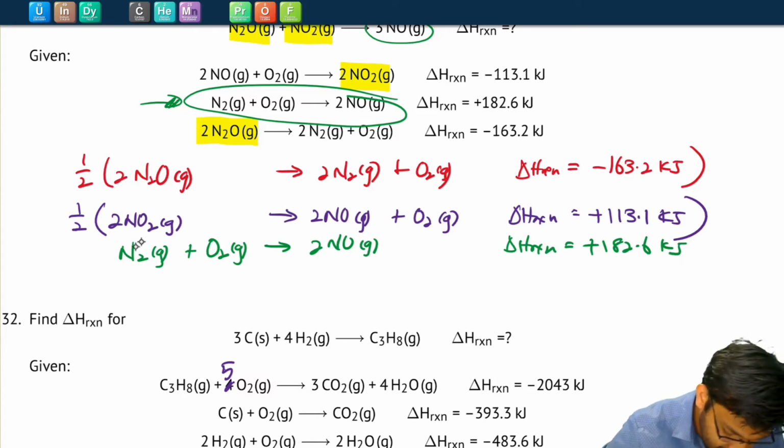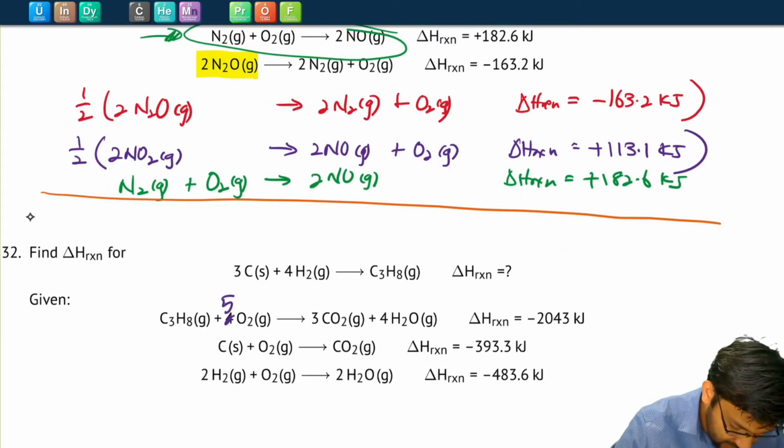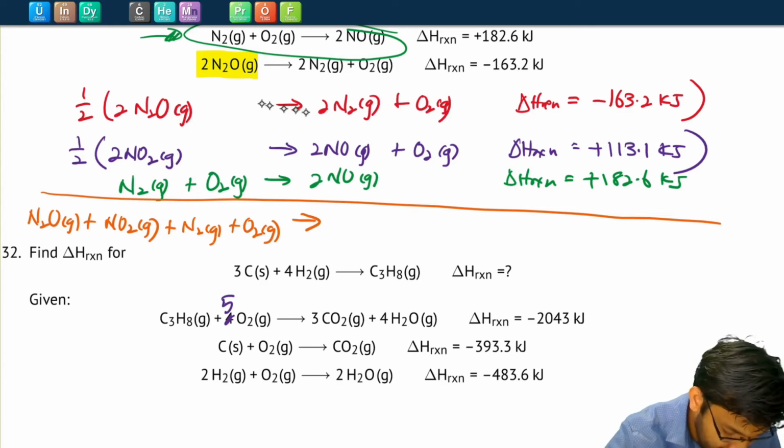All right, let's add this all up to see if it makes sense. We have half of 2N2O, so that's just 1N2O gas. We have half of 2NO2, so that's just 1NO2 gas. We have an N2 gas, and we have an O2 gas on the left-hand side. On the right-hand side, we have half of 2N2, so that's just an N2 gas.